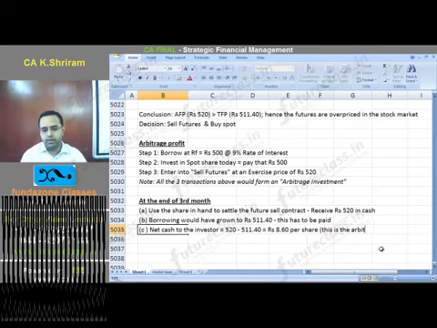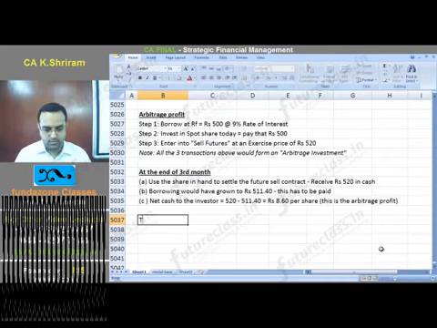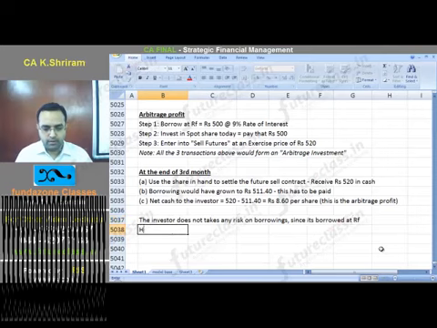This is the arbitrage profit. The investor does not take any risk on borrowings since it's borrowed at RF.